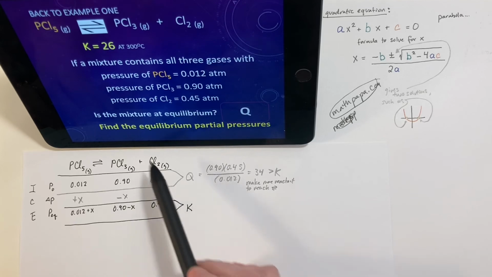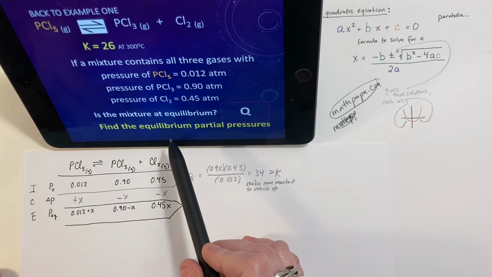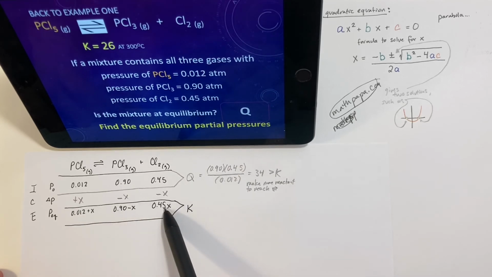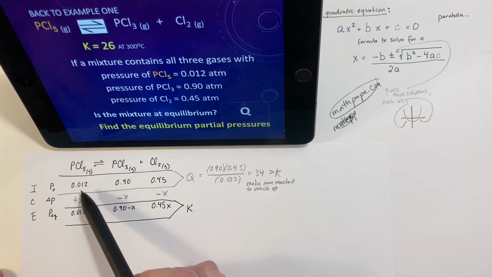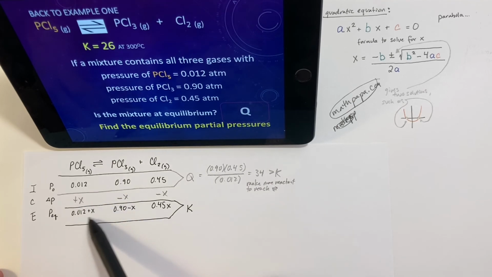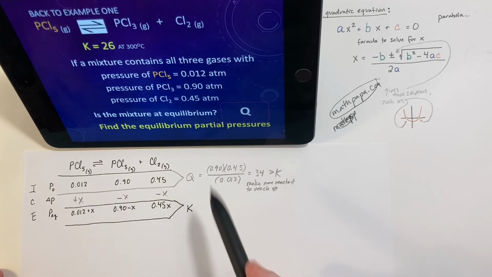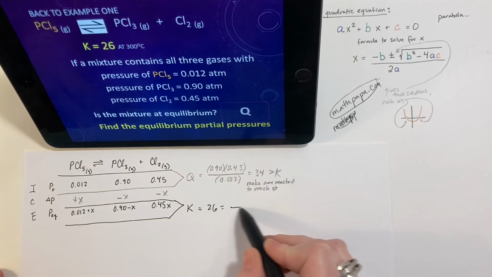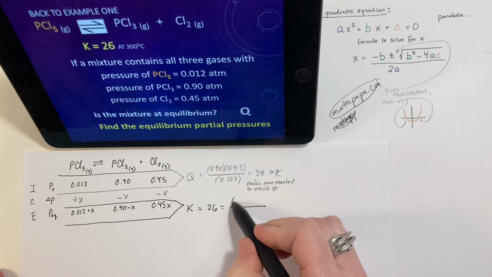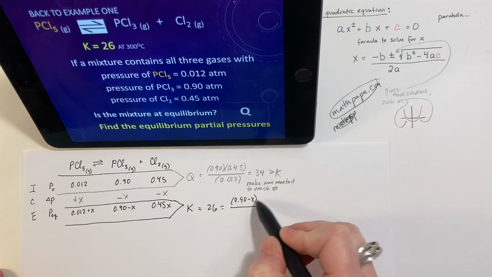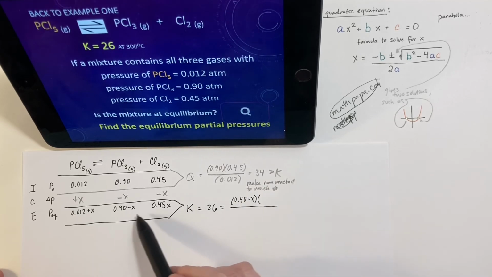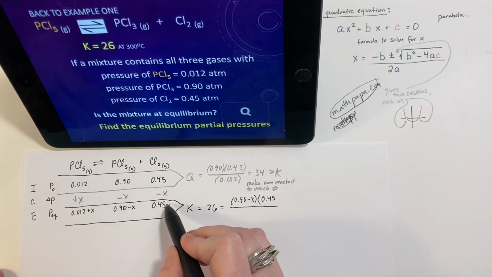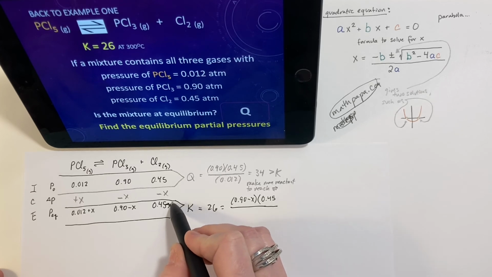So now that we've done these examples, we have the ability to find the equilibrium partial pressures of each of these species. Right? So you just add the 2 rows here to get this last row. And then we have to set up our K ratio. So K is known to be 26. And so we need the product amounts in terms of partial pressures, minus X, right?